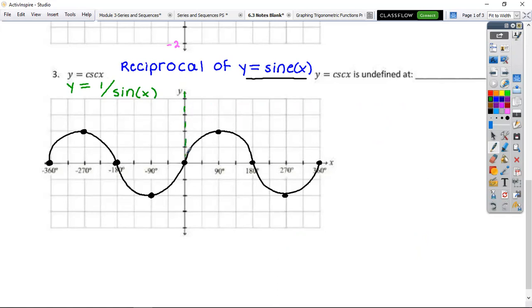0. And these asymptotes are only going to apply to your cosecant graph. So you can ignore the sine one on your paper right now. So here's another asymptote. And another.